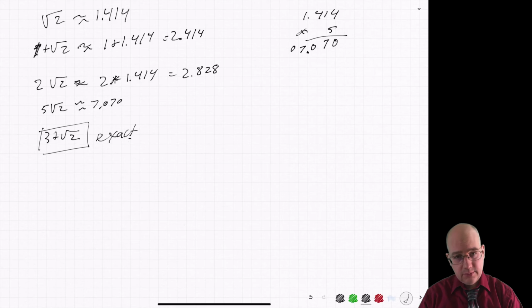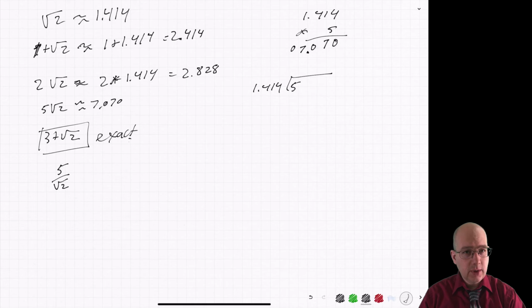Now there is something that typically comes up in K-12 settings, but is sometimes useful elsewhere. Let's say you have 5 over the square root of 2. Of course, you can approximate it by doing 1.41 into 5, and so forth, but that turns out to be tricky, because with dividing you kind of want to make the denominator a natural number.